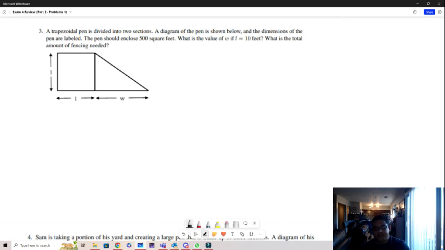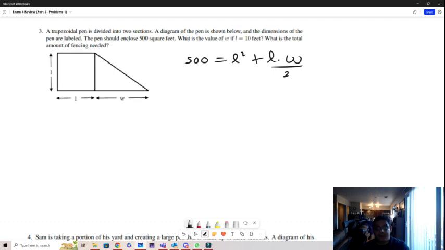So what is the meaning of that? The meaning is that if this is a square part, 500 should be equal to L squared plus, and the triangle here measures L times W over 2. So that is the area of the enclosure.